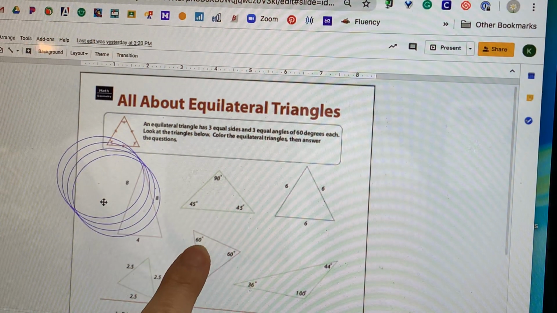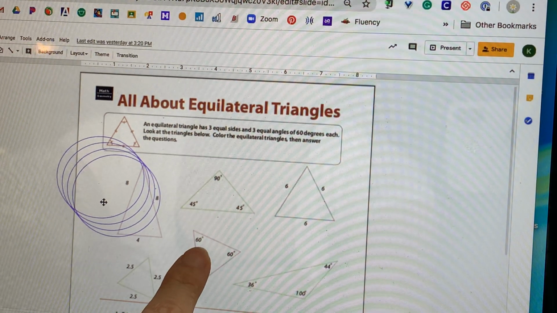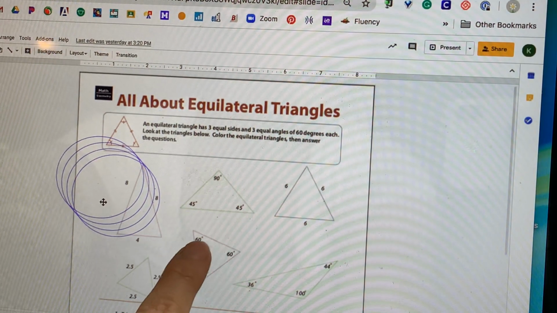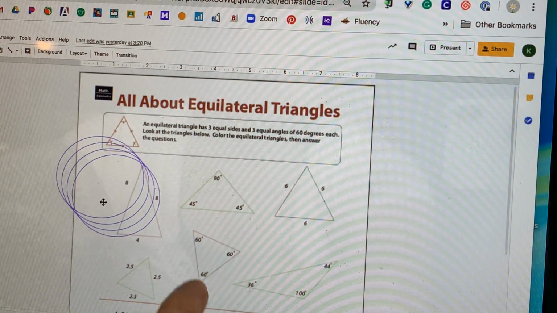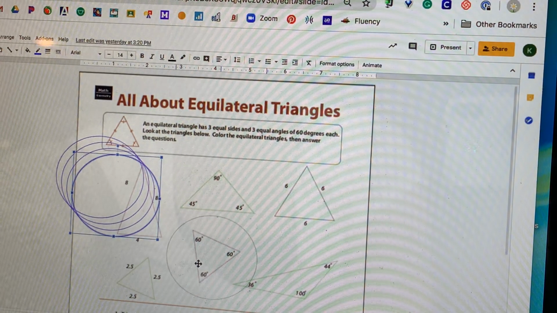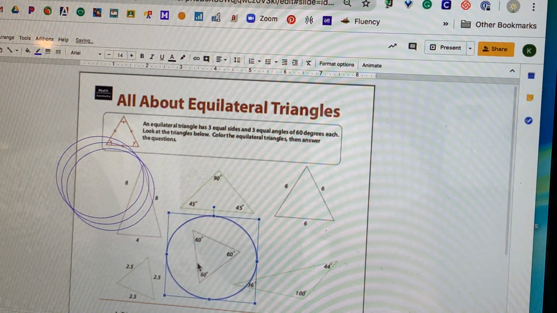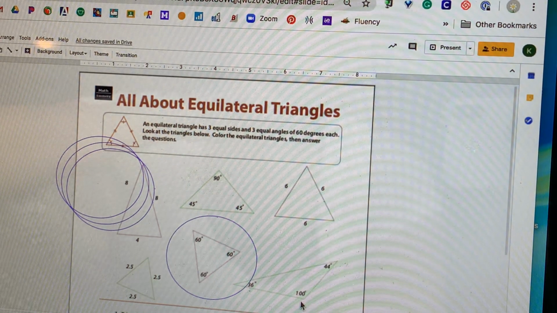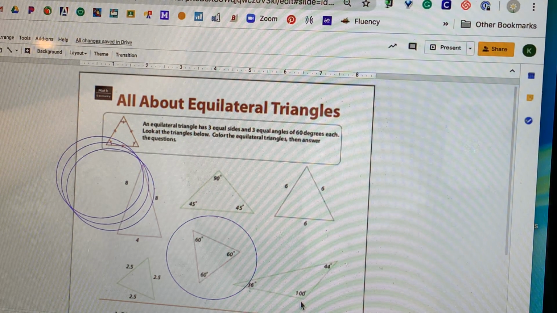But let's look. Here's another angle triangle that has 60, 60, and 60. So that triangle is an equilateral triangle because all of the angles are the same, which means all of the sides are the same. Okay, let's look at this other one over here, 36, 44, 100. Remember, if all of the angles are the same, the sides are the same.